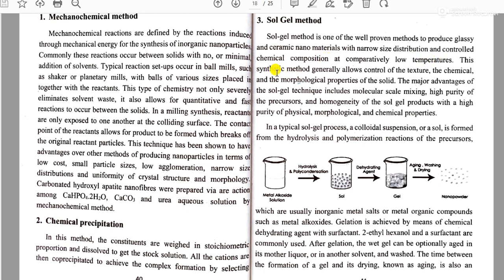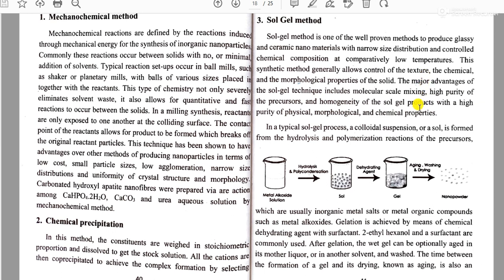This synthetic method generally allows control of the texture, the chemical and the morphological properties of the solid. The major advantages of the sol gel technique include molecular scale mixing, high purity of the precursors and homogeneity of the sol gel products with high purity of physical, morphological and chemical properties.